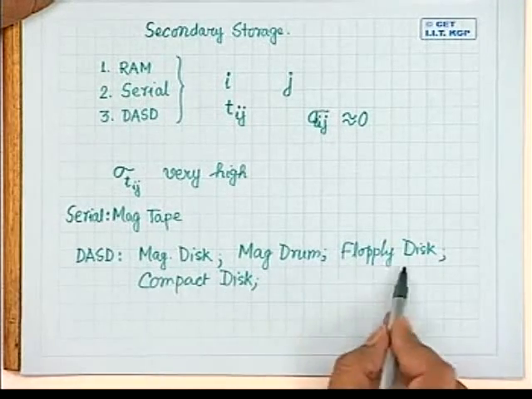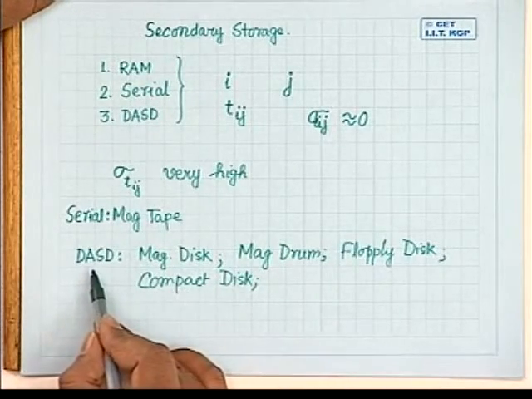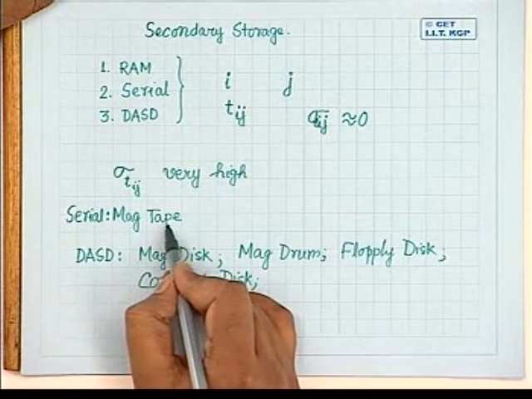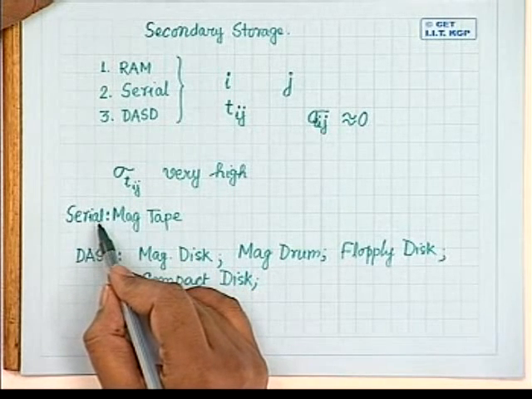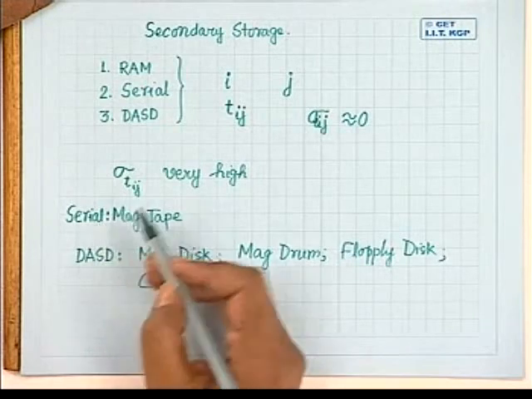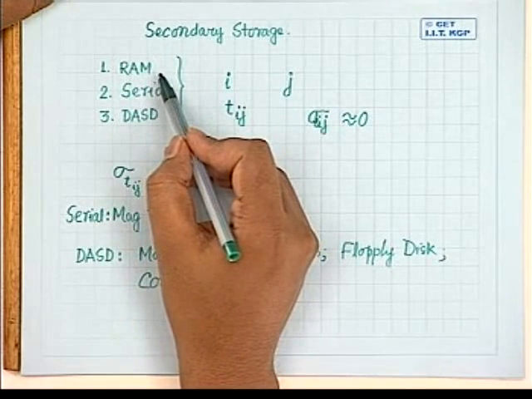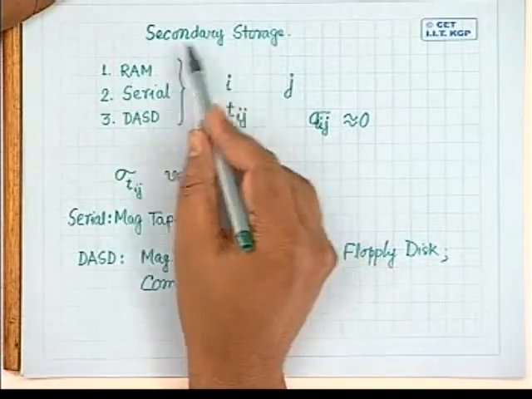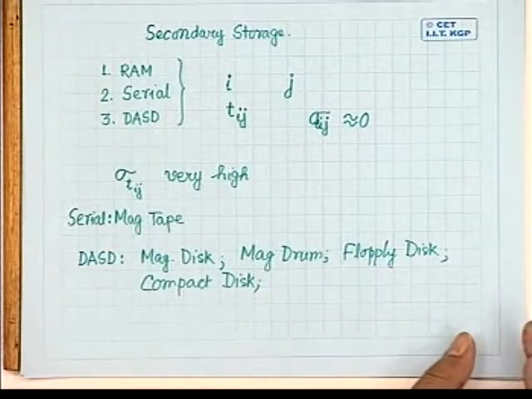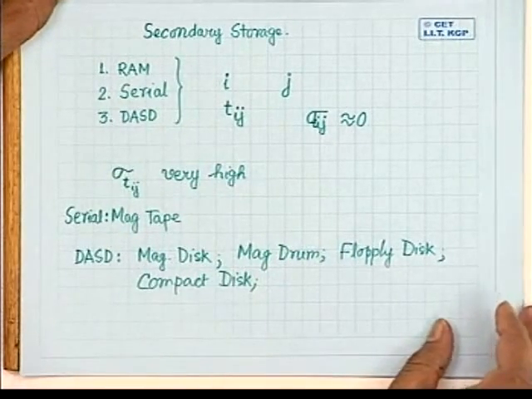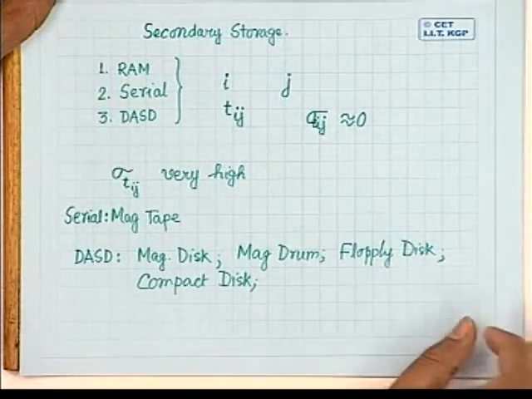So all these different storage devices come under the category of DASD. Magnetic tape comes under the category of serial storage device, whereas the main memory comes under the category of random access storage device.